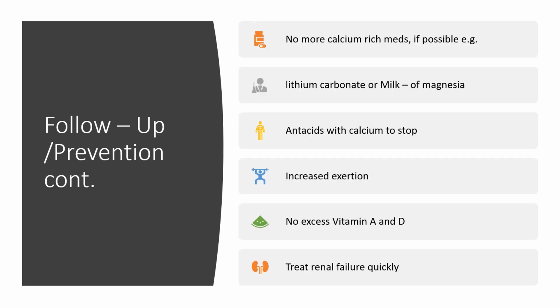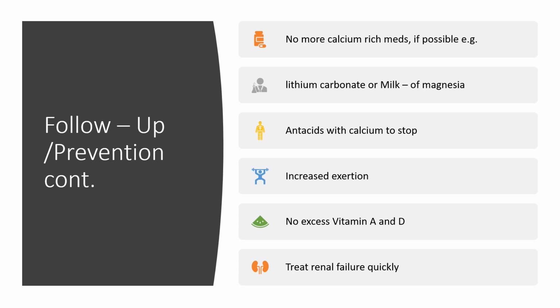Still on follow-up and prevention, no more calcium-rich medications if possible. For example, we have to talk to the attending psychiatrist when it comes to lithium carbonate for mood disorders, or the gastrointestinal tract experts when it comes to milk of magnesia.